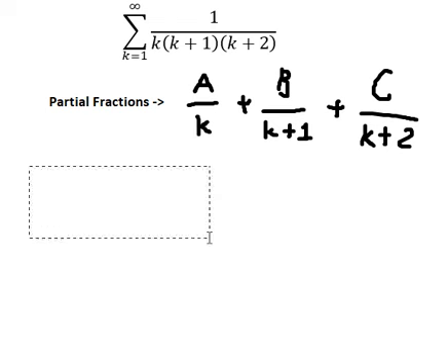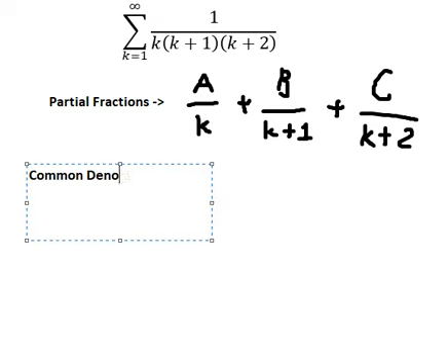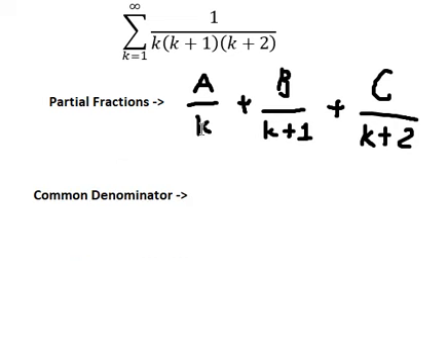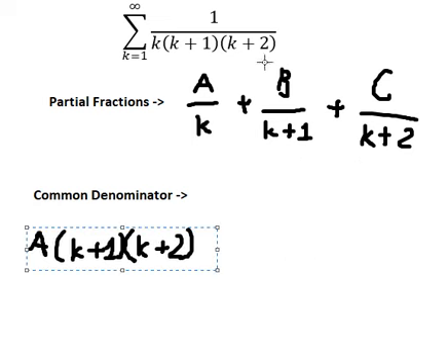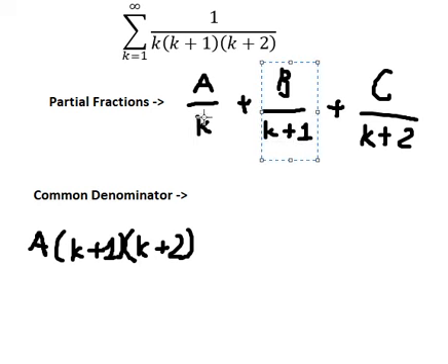And now we can do a common denominator. So in this one, it is missing k plus 1 and k plus 2. So capital A multiplied by k plus 1 and k plus 2. The next one is missing k and k plus 2.